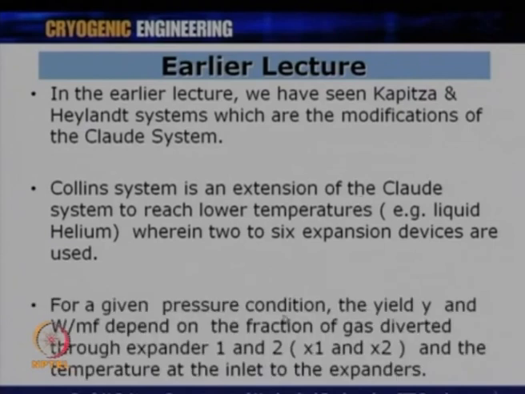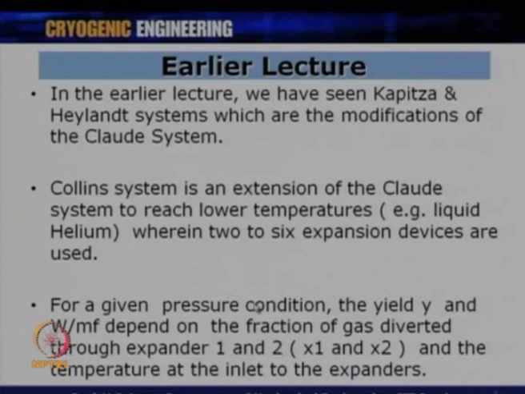For a given pressure condition, that means if P1 and P2, the inlet pressure and outlet pressure of the compressor, are known, the yield Y and the work done per unit mass of gas liquefied depend on the fraction of the gas diverted through expanders 1 and 2, which are x1 and x2 as we saw last time, and the temperatures at the inlet to the expanders, that is T3 and T5.